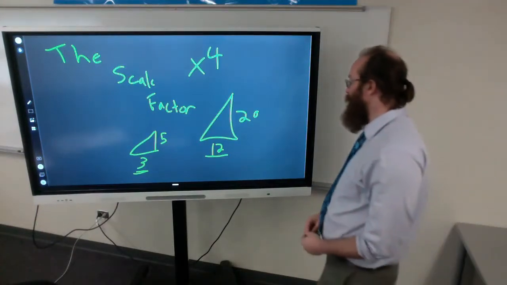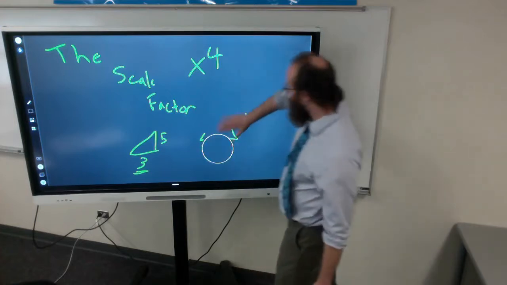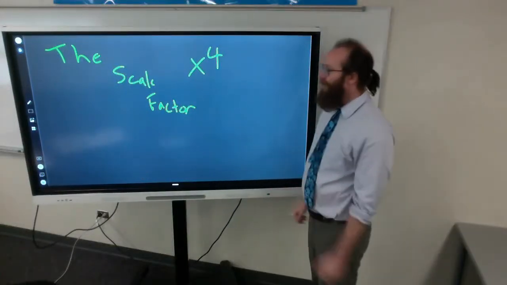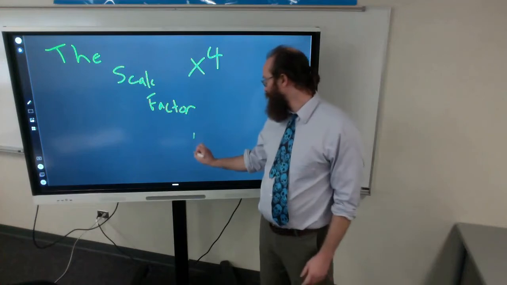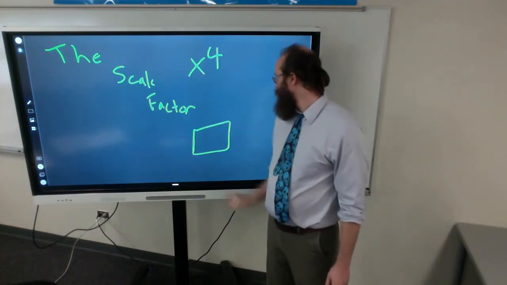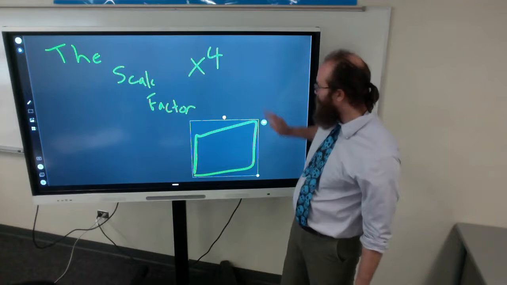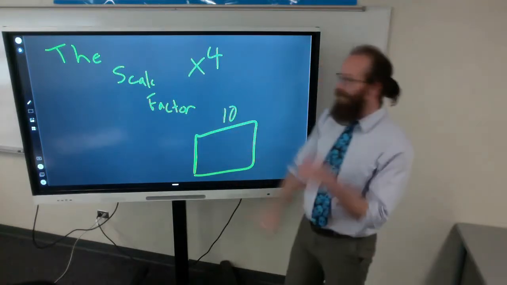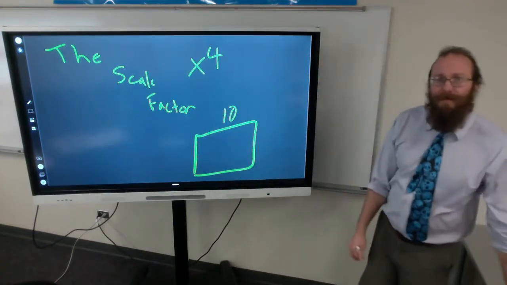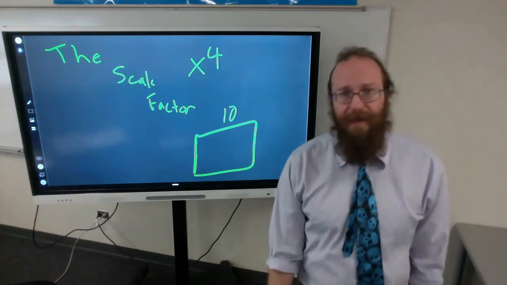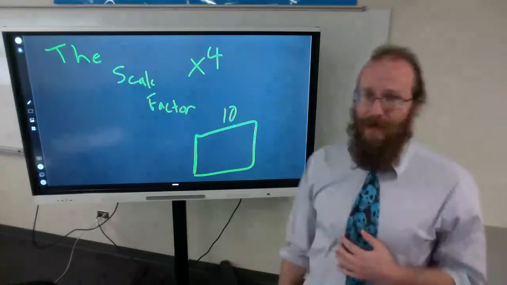We can also go the other direction, and we can make things smaller using a scale factor. So let's make a square this time. And that's not a very good square, but let's make them a little bit bigger. And let's say that each side of this is 10, okay? We can make something smaller by using a scale factor of less than 1.